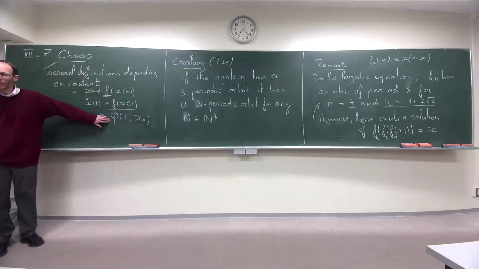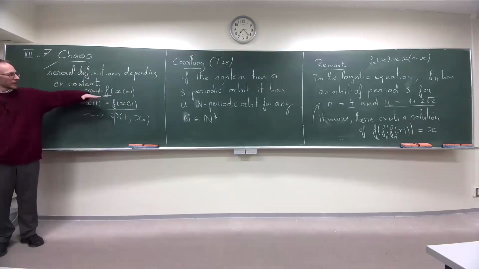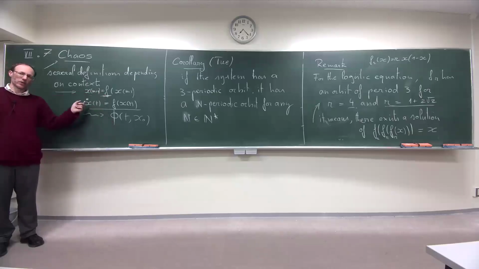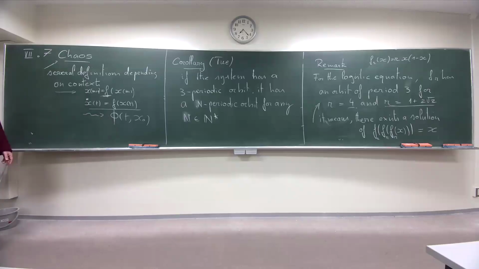You don't see the f anymore in this formulation. When you solve this equation, the f is hidden in the phi. So the discrete time system is much simpler in a sense than the continuous time, because we have access to f directly, while here you need to solve this differential equation, and f is, of course, hidden here, but you don't have directly access to it.